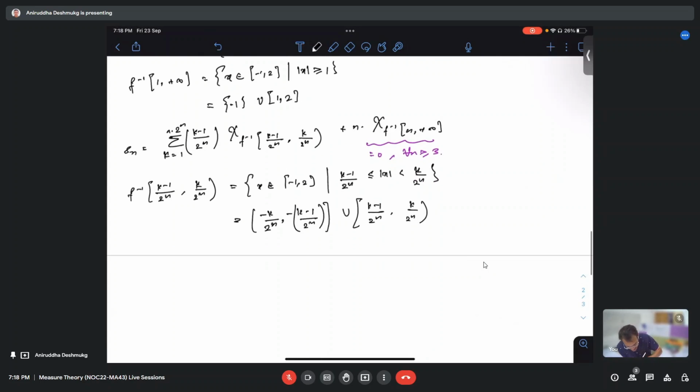So in general, S_n is the sum over k from 1 to n·2^n of (k minus 1)/2^n times chi of (-k/2^n, -(k minus 1)/2^n] closed here, union [(k minus 1)/2^n, k/2^n), and plus 0.